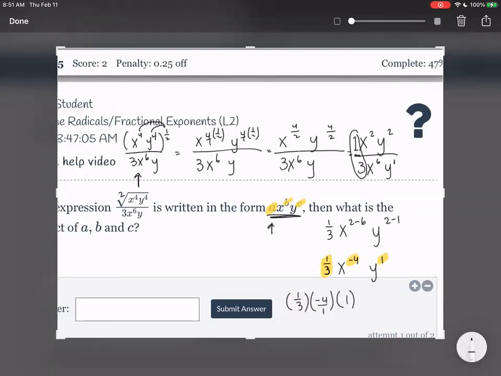I'm just going to rewrite all of them as fractions. When you multiply, you just multiply straight across the top, straight across the bottom. Across the top, we have 1 times -4 times 1. That's just -4. On the bottom, we have 3 times 1 times 1. That is just 3. So this is our final answer, -4/3.